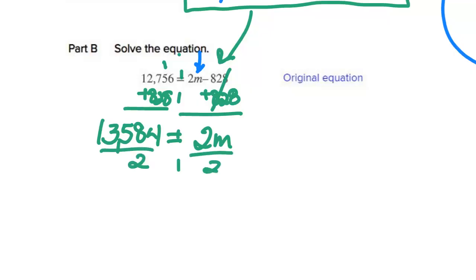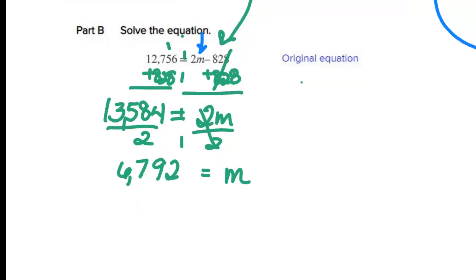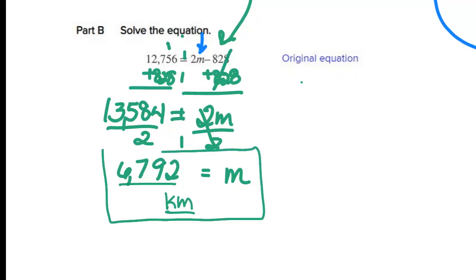Divide by 2. 6,792 what? Yes, very good. I am a big stickler for making sure you put a label on it. So please try to keep that in mind.